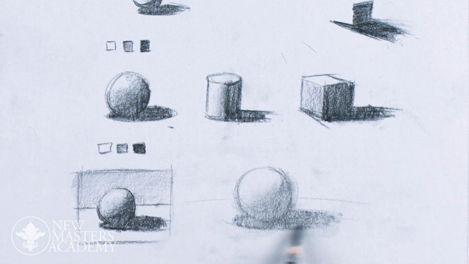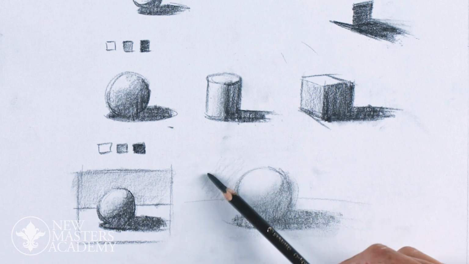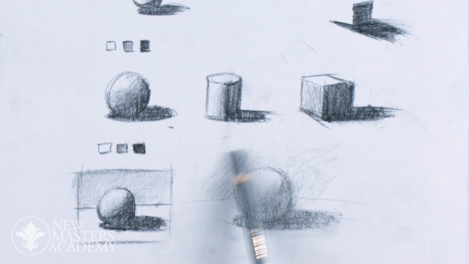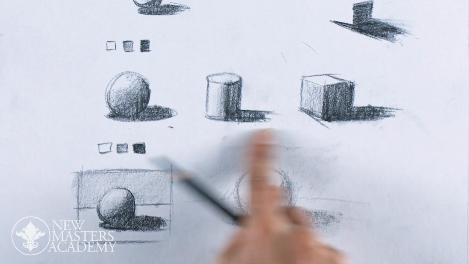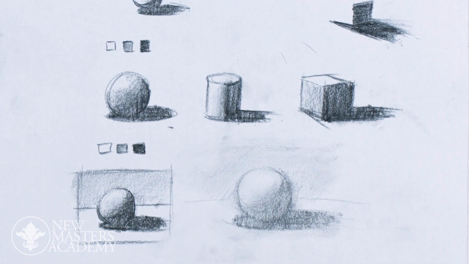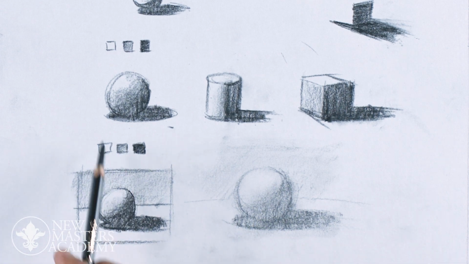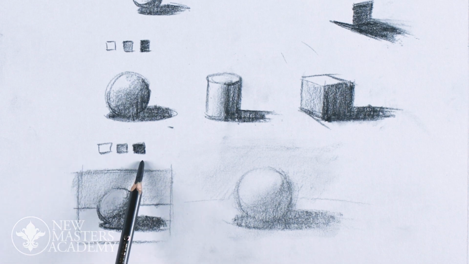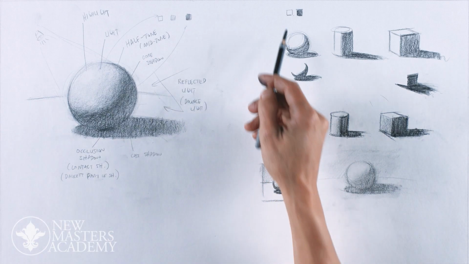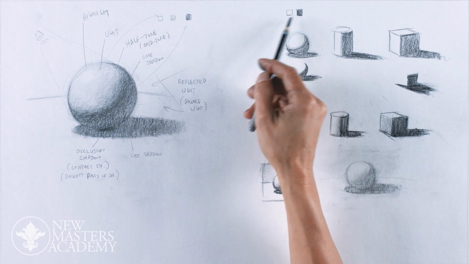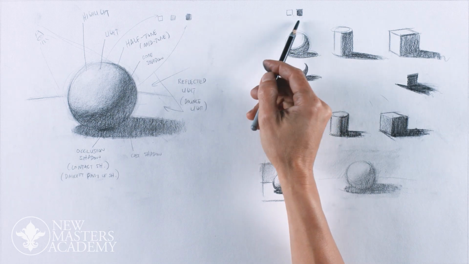And another way we can think of it, and let me add some halftone back here just so you can see this diagram a little bit better. So you can see the light side a little bit better, come off the paper a little bit. We can think of the halftone as the shadow itself. Because remember, halftone isn't just, let's say on a scale of 1 to 10, where this is 0 and this is 10, necessarily 50, right? Or a shadow doesn't necessarily have to be, let's say pure black is 10, a number 8 or a 7.